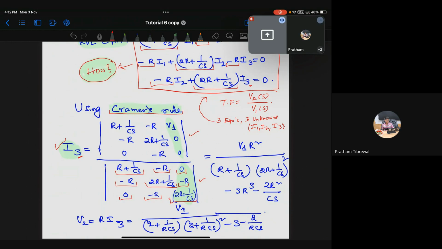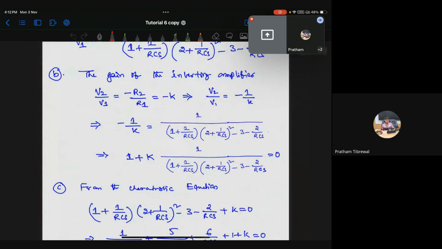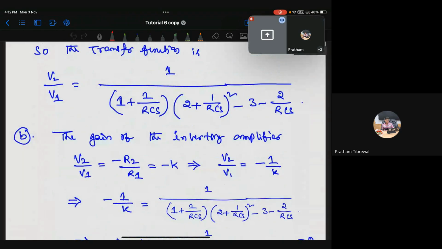Once you have I3, V2 is R times I3 from the circuit. So V2 is in terms of V1. We are finding the expression V2 by V1. That is our question. That is the transfer function.